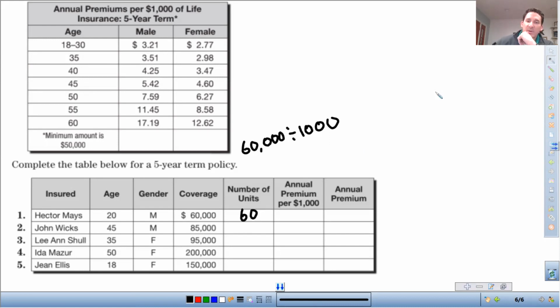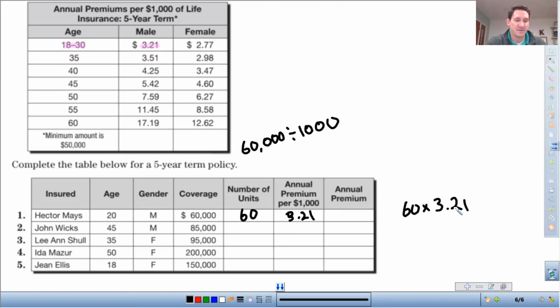The annual premium per $1,000. What you're going to do is find the age. So Hector Mays is between 18 and 30. He is a male, so it is $3.21 for the annual premium. And then to figure out the annual premium, you just do the units times the annual premium.